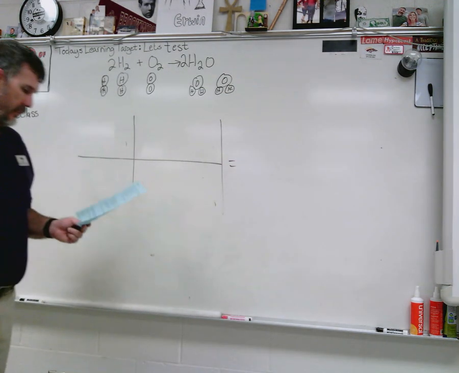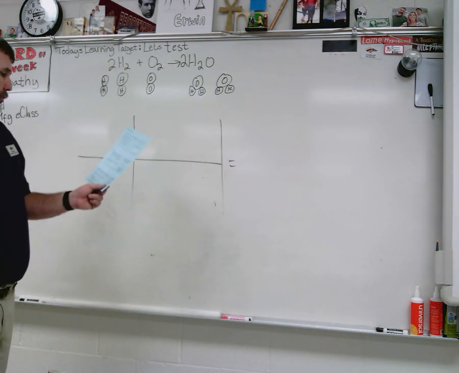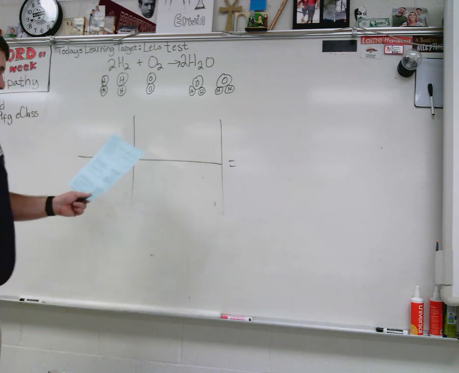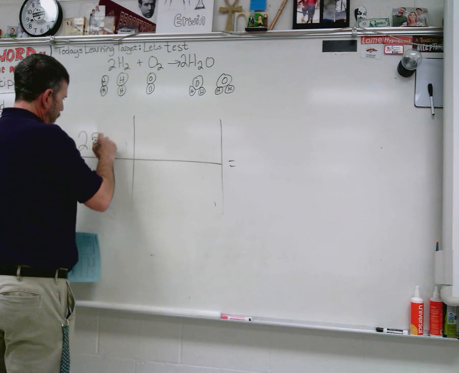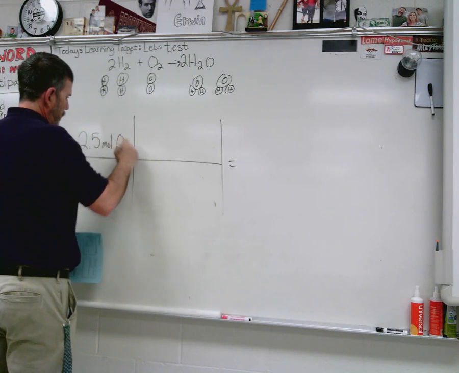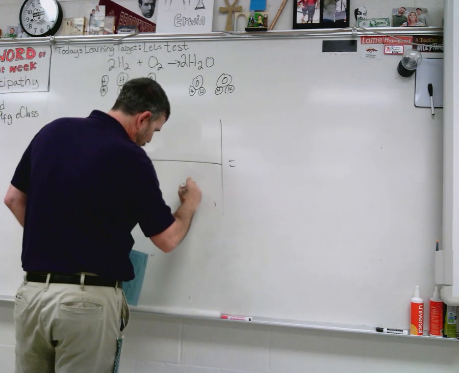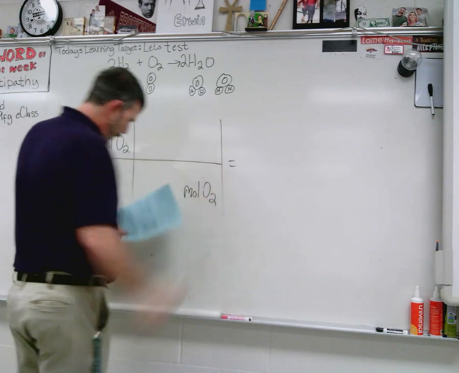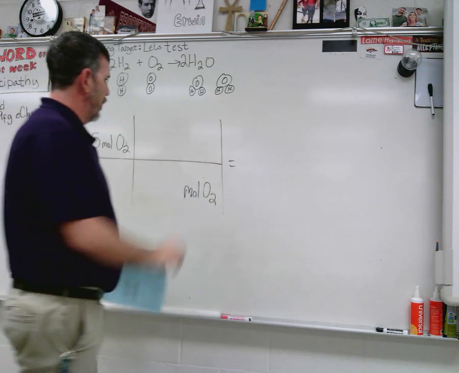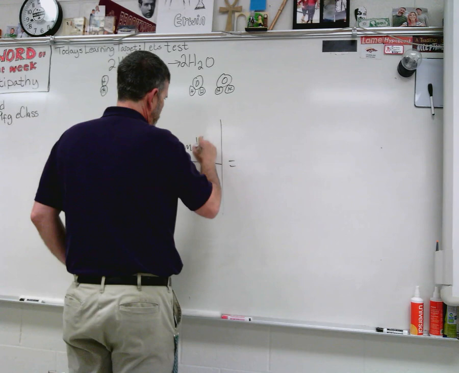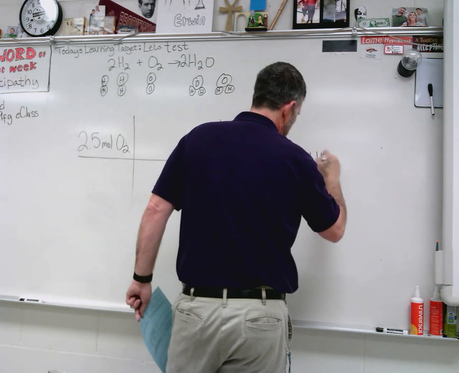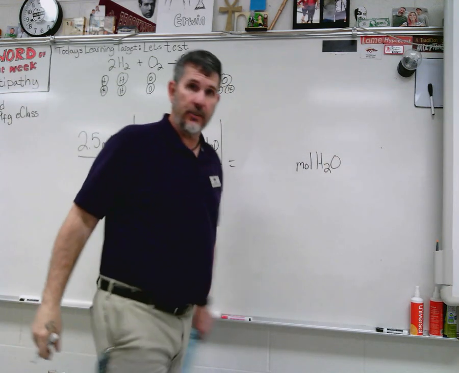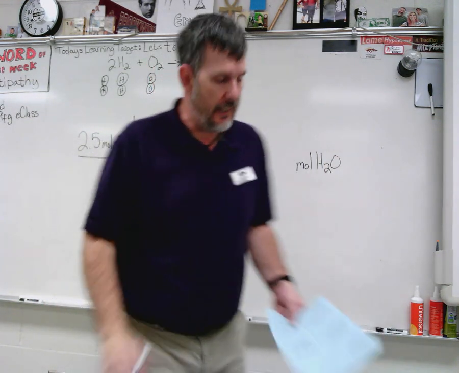All right. How many moles of water are produced if you react 2.5 moles of oxygen? So what I'm given is 2.5 moles of oxygen. Units, moles of oxygen. And they want to know how many moles of water are produced. Moles of H2O. Units of my answer, moles of H2O. You'll love the fact that there's no more writing molecules and all that stuff.